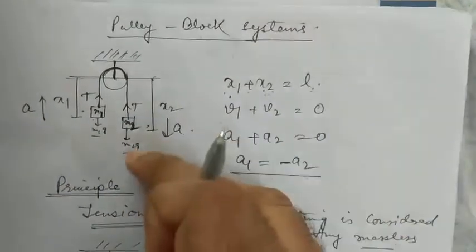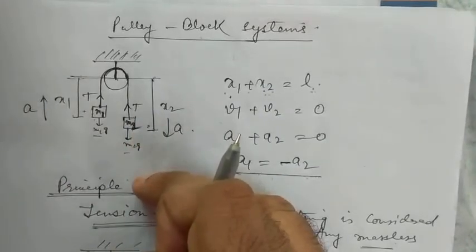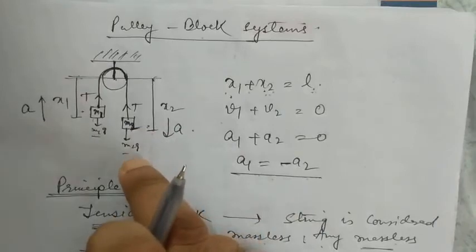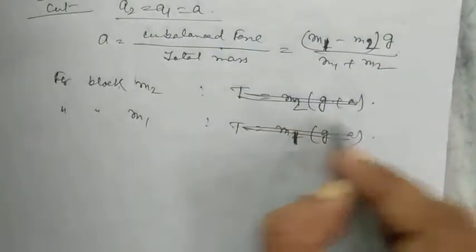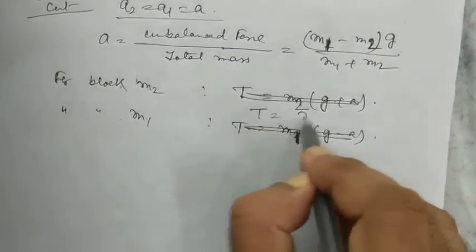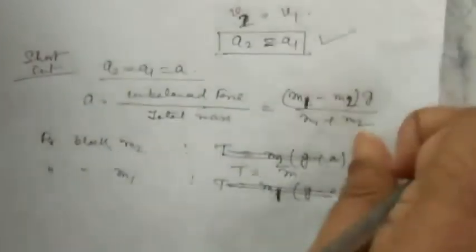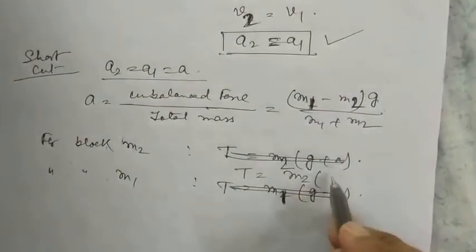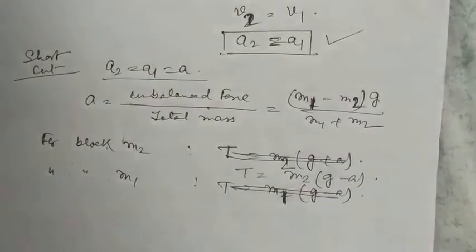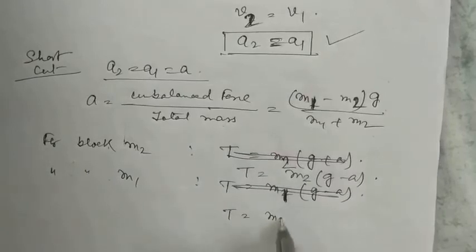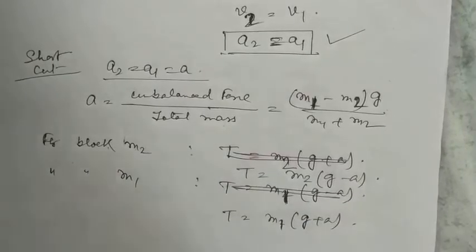As M2 is moving downwards, the equation of lift applicable to this part will be R is equal to M into G minus A. So T will be equal to M2 into G minus A. Also we can find it out from M1: T is equal to M1 into G plus A.